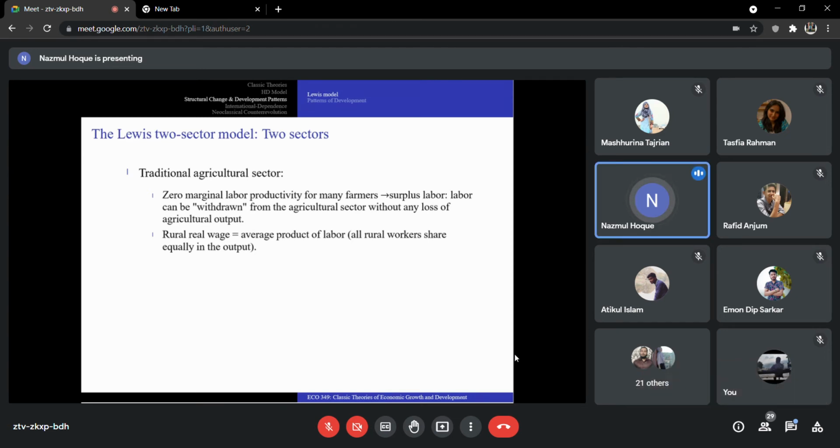Okay, go ahead. I think Atikul Islam was saying something. Go ahead, Atikul Islam. Sir, increase in total production due to adding one additional labor. Can you repeat that? Increase in total production due to adding one additional labor.